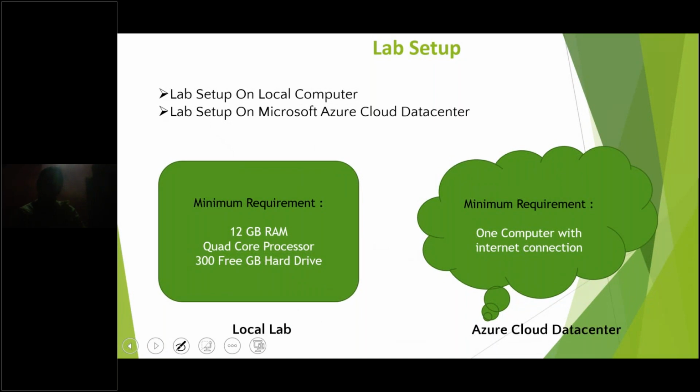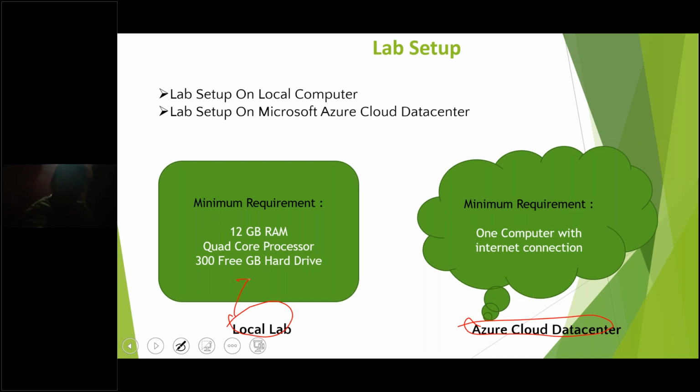Now for SCCM, each one of you will have to set up your lab. Either you set up your lab locally on a laptop or desktop, or you can set it up on Azure Cloud Data Center, which I will guide you step by step how to create.